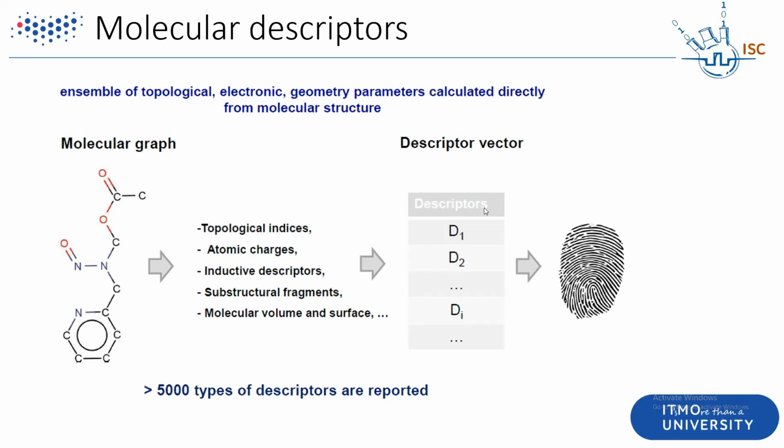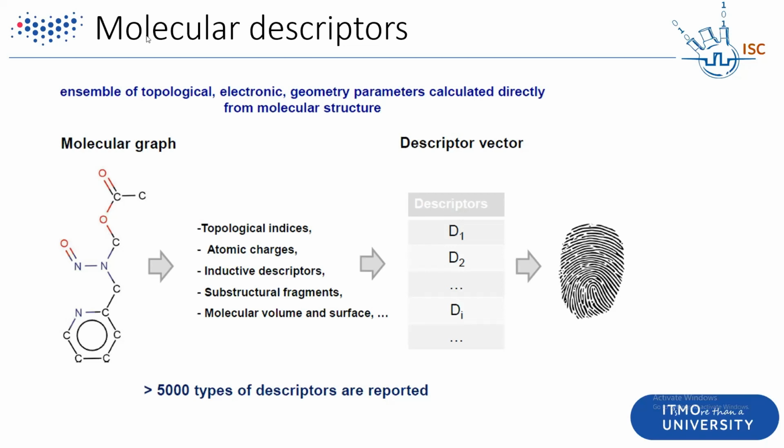You have to use the right ones, and this descriptor should be related to processes which you are trying to implement for this analysis. Like if this is a blood-brain barrier interaction, then it's very important to use the polar surface area descriptors and lipophilicity descriptors like log P, for instance.